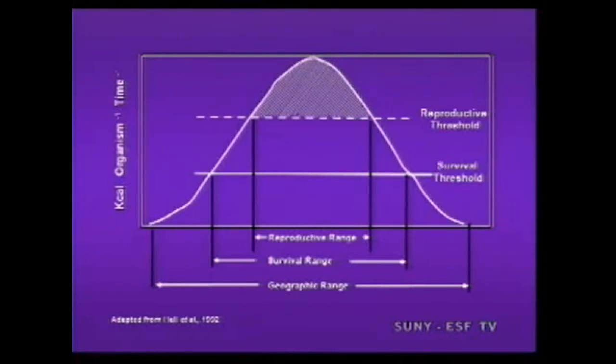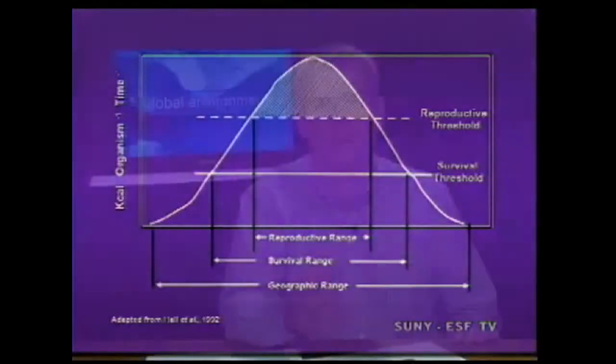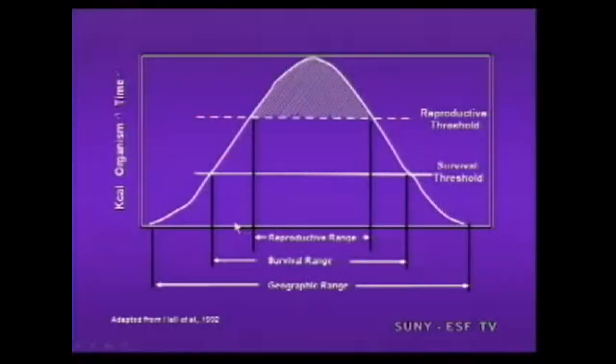To give you an example, we've got a lot of light in parts of this room and then it's darker in other parts. We have a gradient all the way through. We have a gradient in temperature. Some parts of this room might be warm and other parts cooler, and a gradient in between. So this graph can be any gradient we want. Now we see energy being charted for an organism.